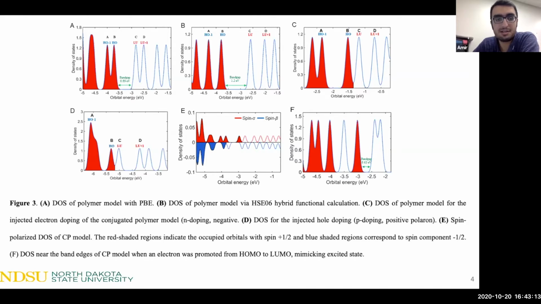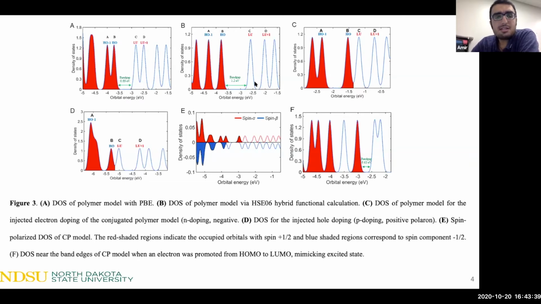So PBE functionals, not surprisingly, underestimate the band gap here. And here I just labeled the frontier orbitals around the band gap from HOMO-1 to LUMO+1 to actually mark them in the next figures in the absorption spectrum.